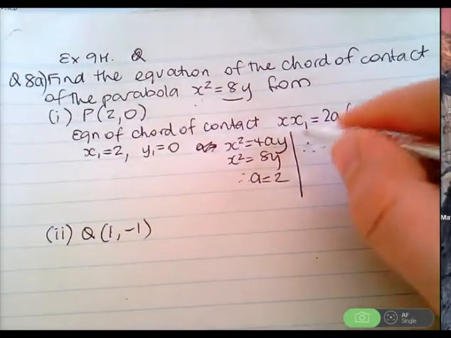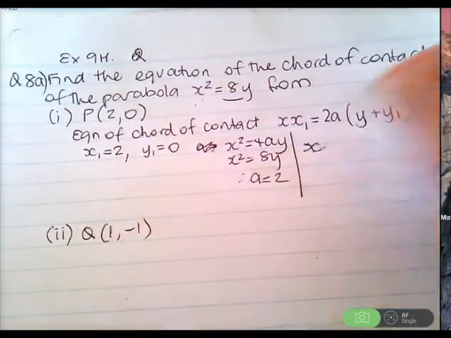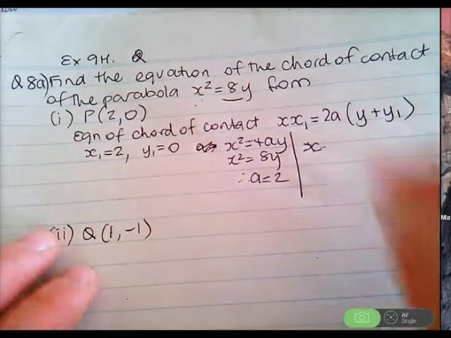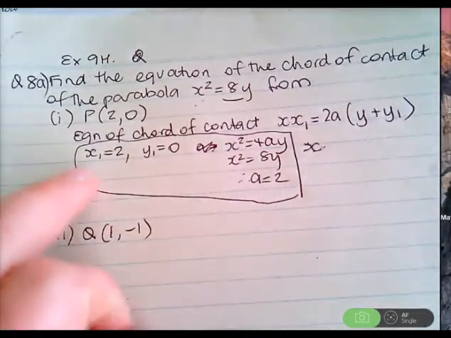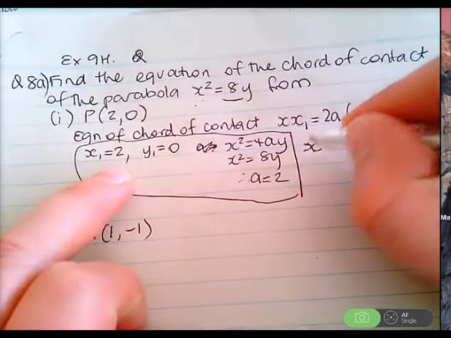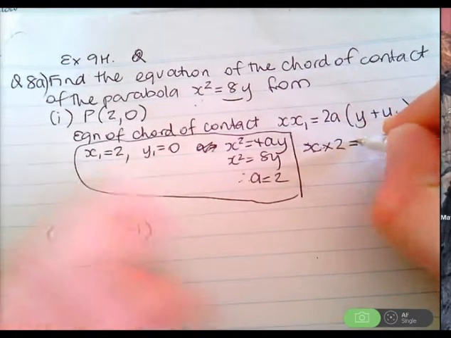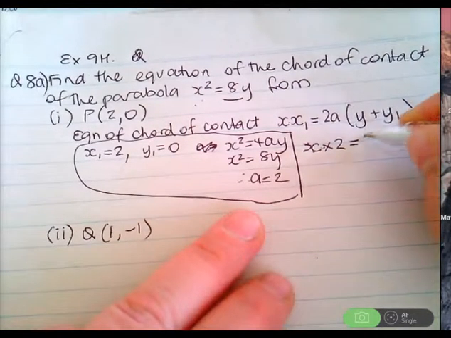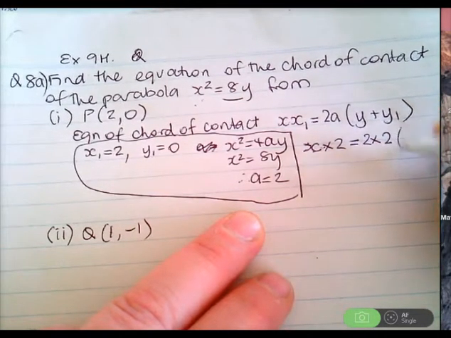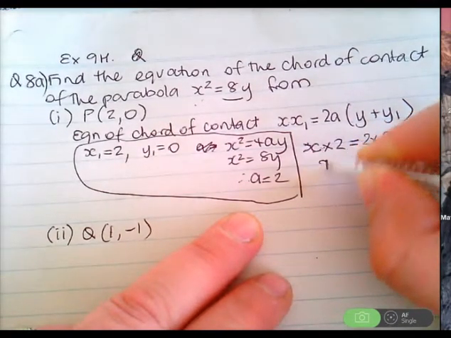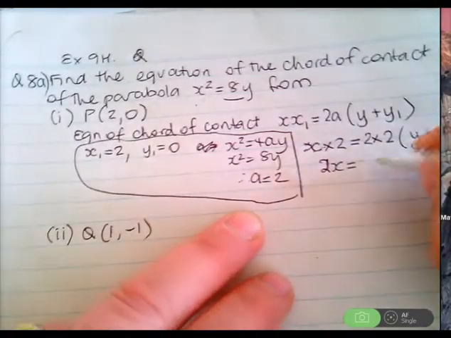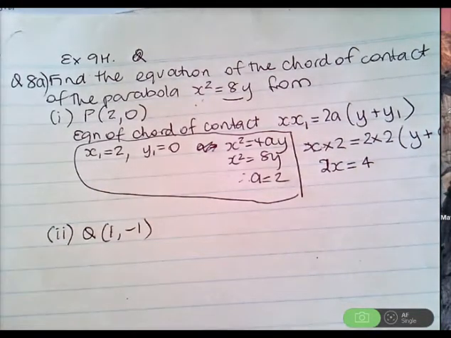So let's do our chord of contact. So x times what? This is my bit of working out. That's my equation. What's x1? So x times 2 equals what? 2 times 2, times (y plus 0). So 2x is 4, what?